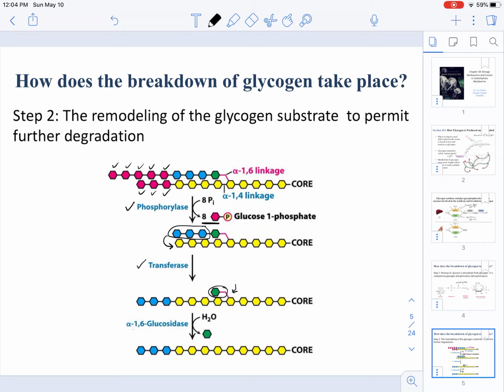Because remember, that glucose molecule is bonded to the core segment of glycogen through an alpha 1,6 bond. So because of that, we need a specific enzyme to cleave it. Remember, phosphorylase is in charge of hydrolyzing the alpha 1,4 linkages within your glycogen molecule.